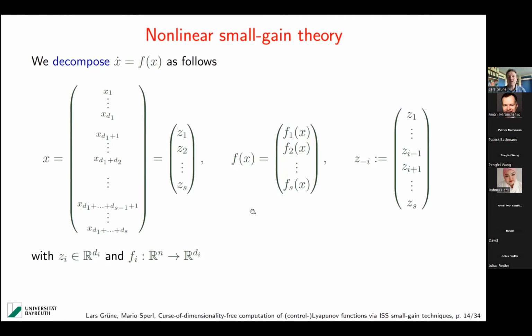Then we can write the vector x as just the vector Z_i plus the vector Z_{-i}, which is essentially everything but Z_i. So Z_{-i} is all the rest corresponding to Z_i. Then I can formally, by a slight abuse of notation, write the whole system as a collection of subsystems which are interconnected via this Z_{-i} here. The Z_{-i} describes how the other subsystems influence the subsystem for Z_i.